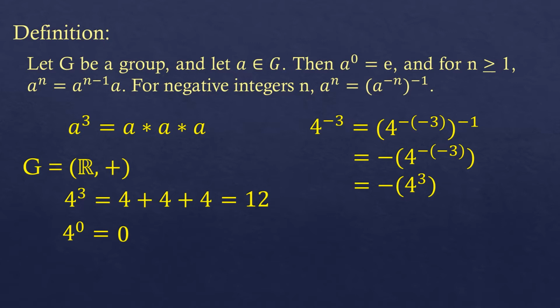And then we can expand the 4 cubed into 4 plus 4 plus 4. So it will become 12. And that means 4 to the negative 3 is equal to negative 12, which is the inverse of positive 12. And that makes sense because it's 4 cubed and the other one is 4 to the power of negative 3.